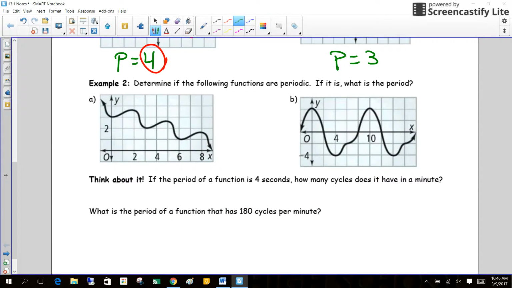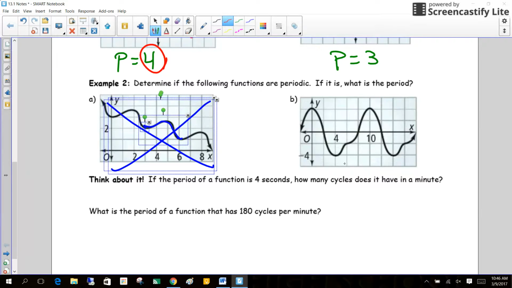This next example is just saying, is the function periodic or not? In this case, this first one definitely is not. Even though it's got this wavy thing, because it's on a slant, there is no actual period. You might be able to try and identify a cycle, but it's not going to have the same period each time. So it is not periodic. Whereas this one is.